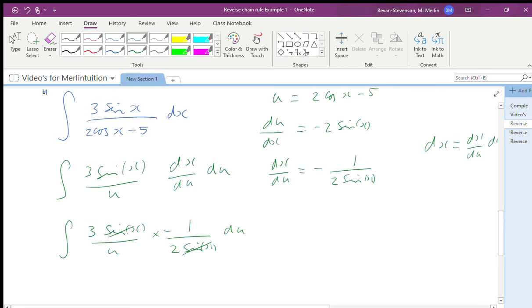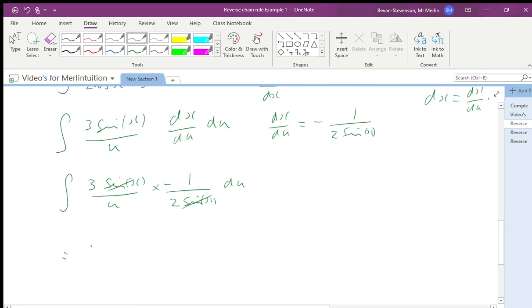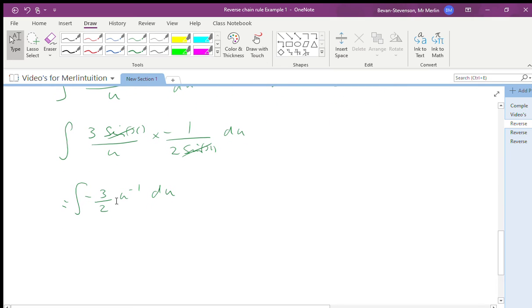Again, sine x is cancelled, and we've got minus 3 over 2 u to the minus 1 integrated with respect to u. Now, minus 3 over 2 is just a number, so we can simply take it out the front. Minus 3 over 2 times the integral of u to the minus 1 du.